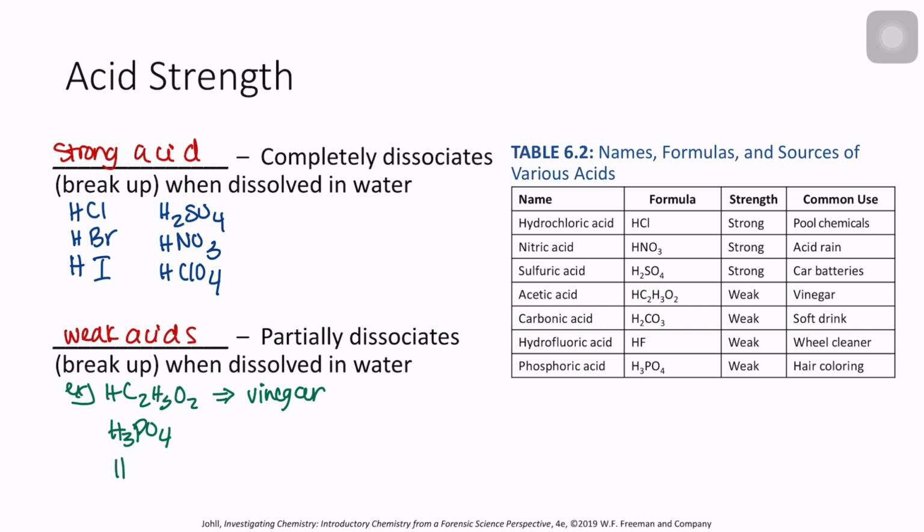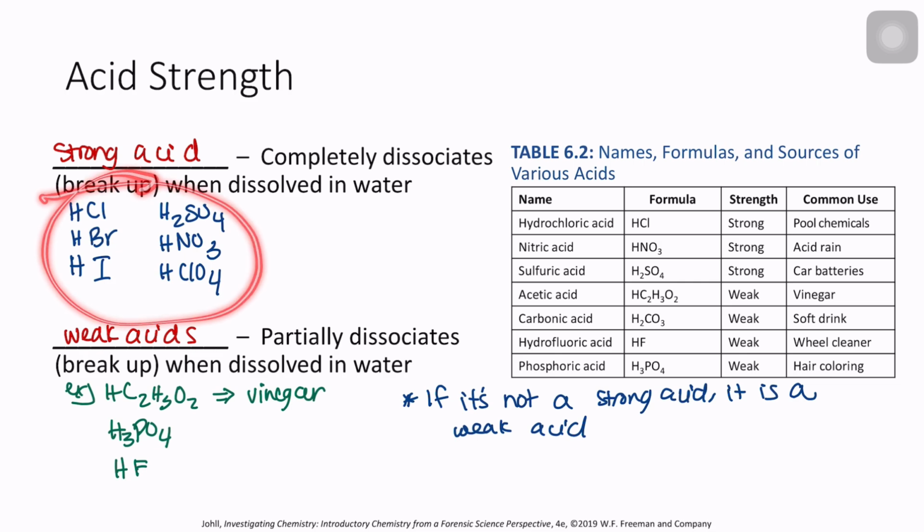Hydrofluoric acid. These are all examples of weak acids. Essentially, if it's not a strong acid, it's a weak acid. So if you just remember all six of the strong acids, then you're essentially remembering all of the weak acids as well. Because if it's not on this list, then it's a weak acid.